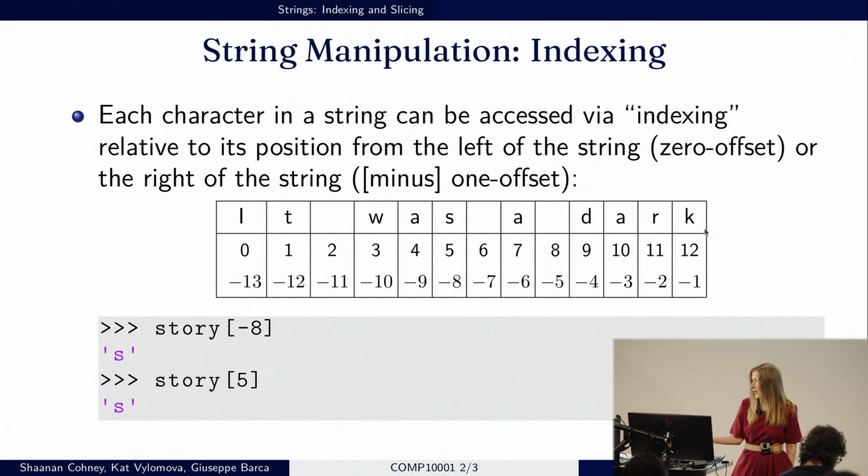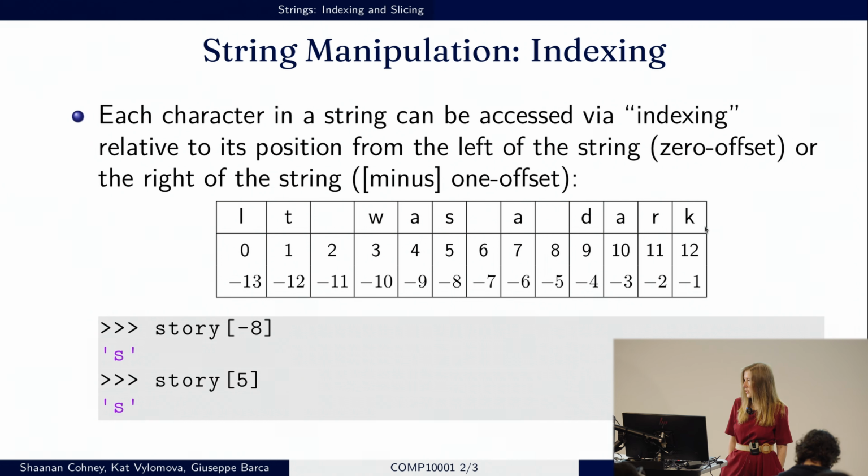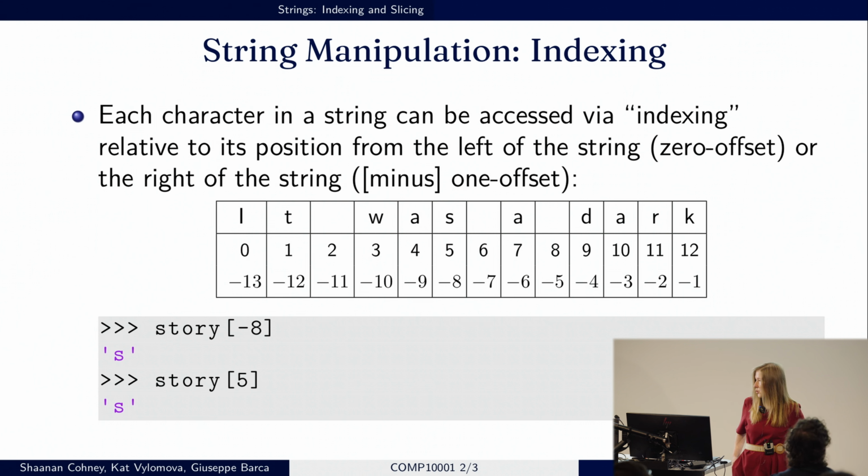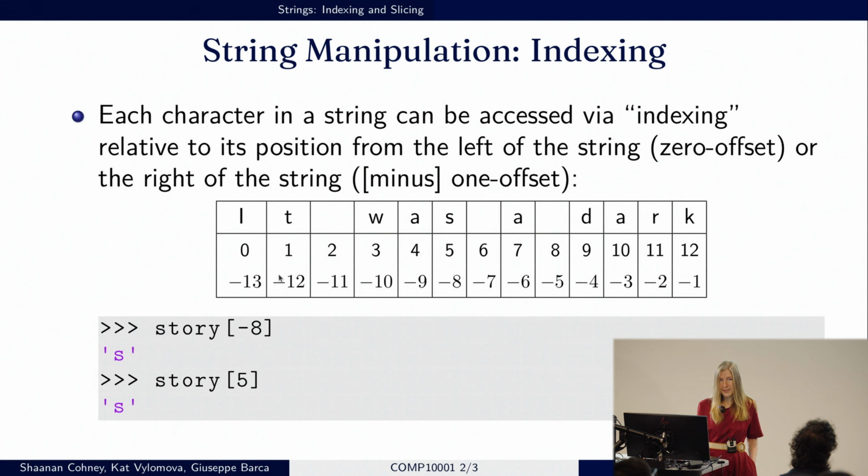And the ending character is at the length of the sequence minus 1, obviously, because we start with 0. In addition, in Python specifically, we also have reversed ordering, so it's more comfortable to retrieve the very last character. The reversed order starts from minus 1, and you go to minus the length.